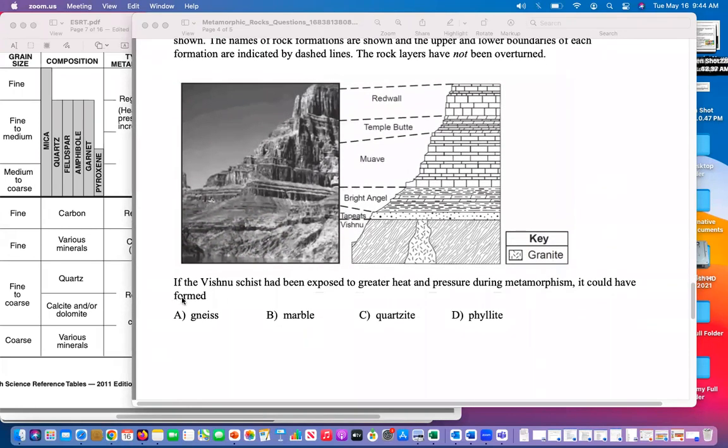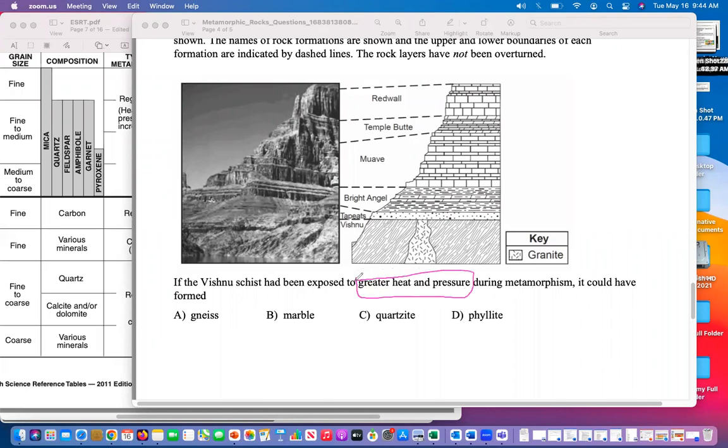Now it says, if Vishnu schist had been exposed to greater heat and pressure during metamorphism, it could have formed what? So the question is asking, what if Vishnu schist was exposed to even greater heat and pressure?